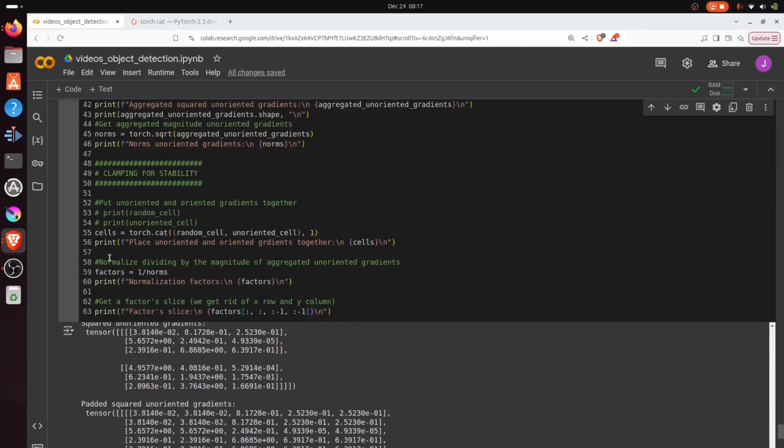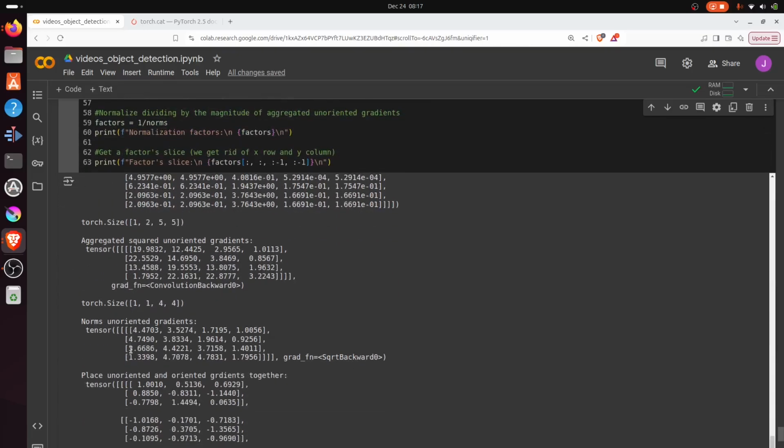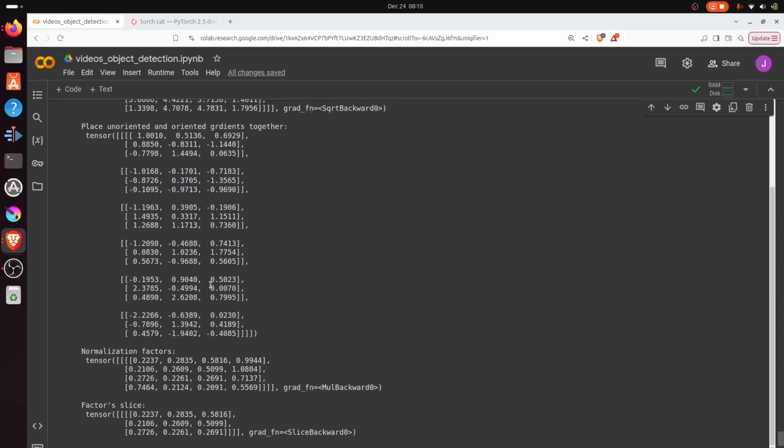Okay, so remember that for the cells we had this, and we place them together here. So we have this tensor right here, and have a look, we have 3 by 3 in each block. Because now these are not normalized, how do we normalize them? Well, we're going to be multiplying by the normalization factor. But the normalization factor as it is right now has dimensions that are not suitable for multiplication with this tensor right here.